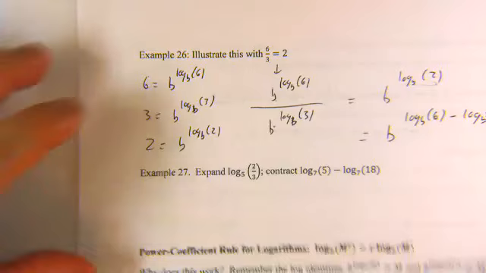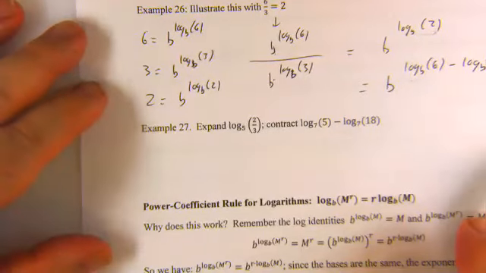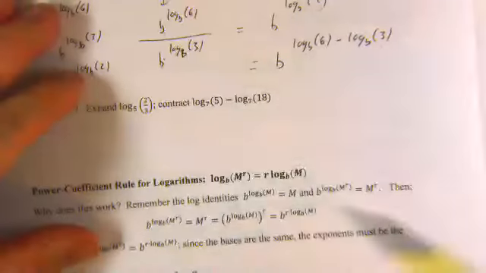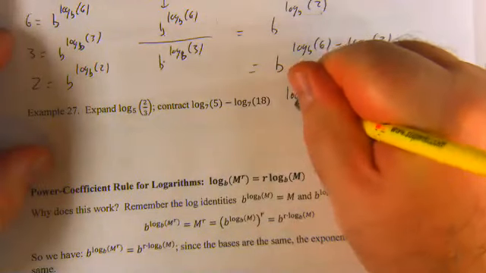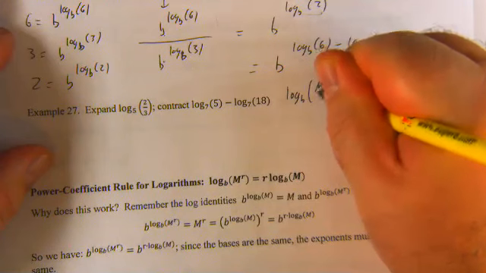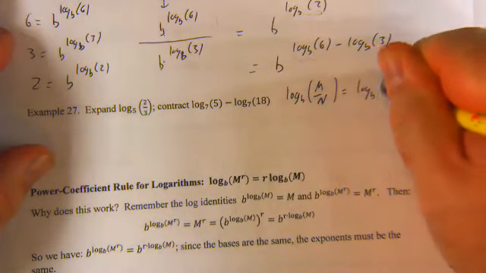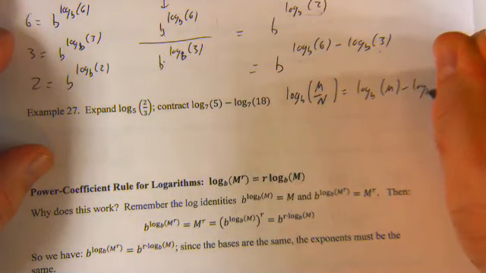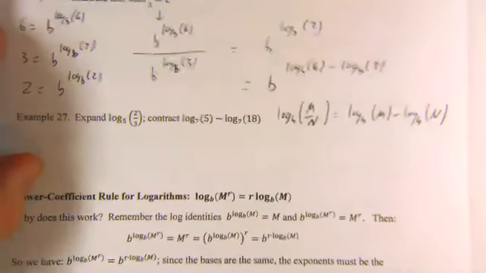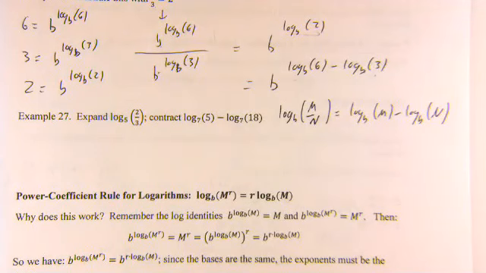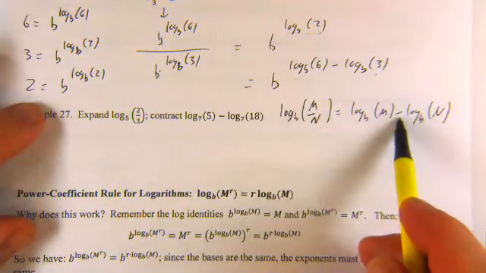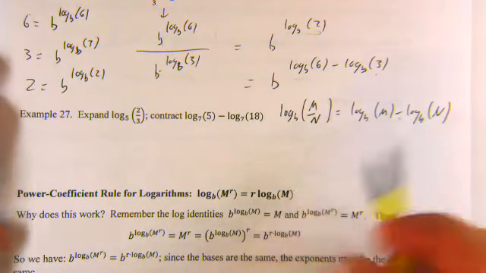So we can expand and contract logarithms with this rule, and let me write it down again so that we know what that is. There's our logarithms. If we have a fraction inside a logarithm, we can expand it into 2 separate logarithms using a subtraction.